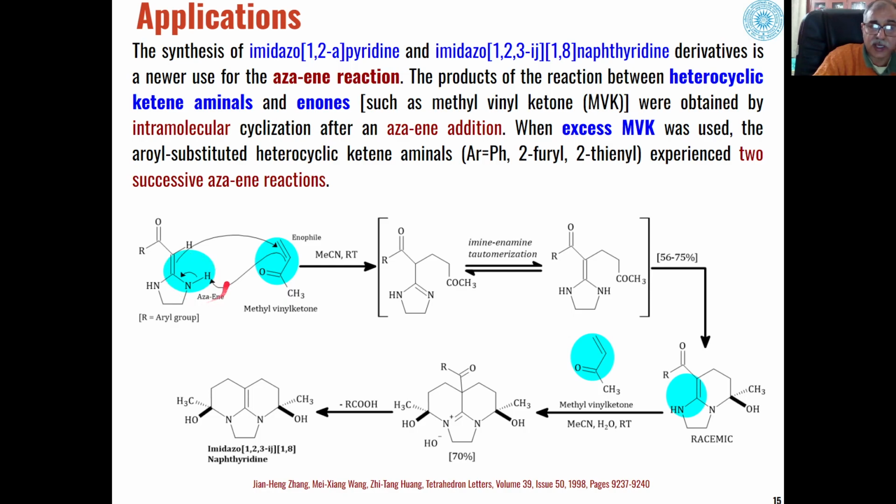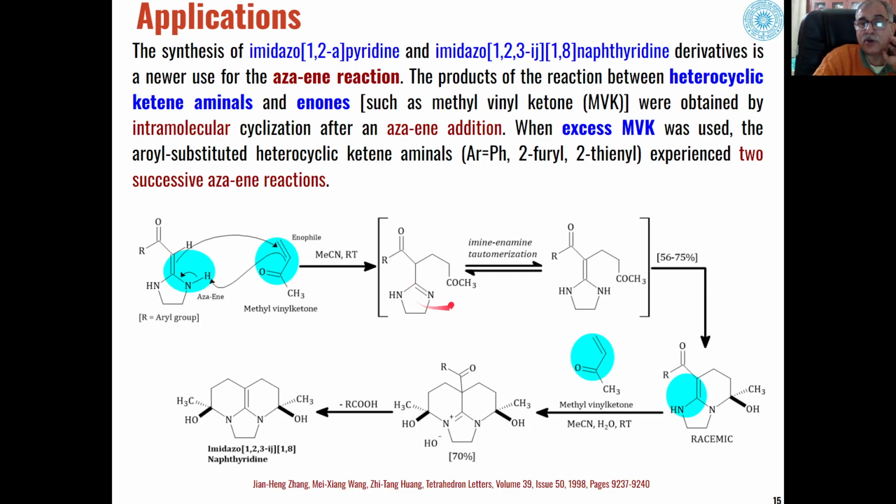So this system, when reacted with these types of alpha-beta unsaturated ketones as enophiles, then basically the breaking of this nitrogen-hydrogen bond will lead to the formation of this carbon-nitrogen double bond, and this will attack this carbon double bond, and this bond will be shifted to this place, and you can see we will get this type of product.